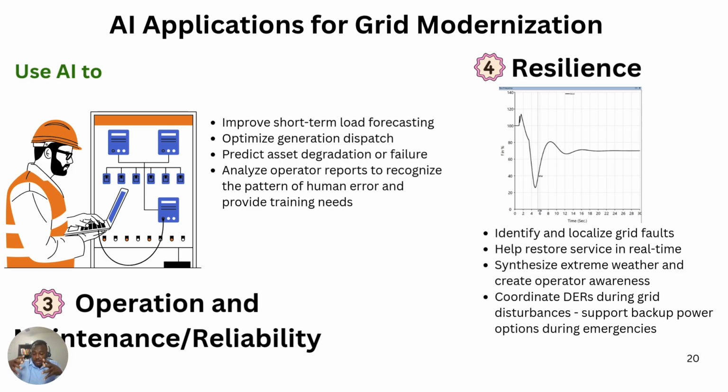But also in operation and maintenance, you will be able to optimize your generation dispatch. Okay. And you would also be able to analyze reports, recognize human error, and provide any training if there is lack of expertise in the work.